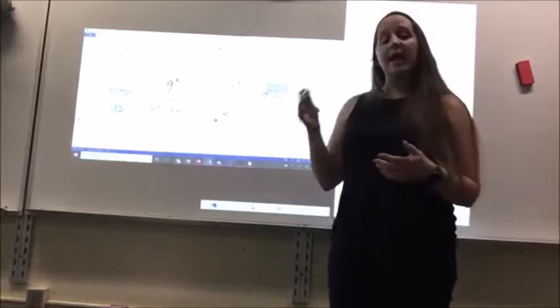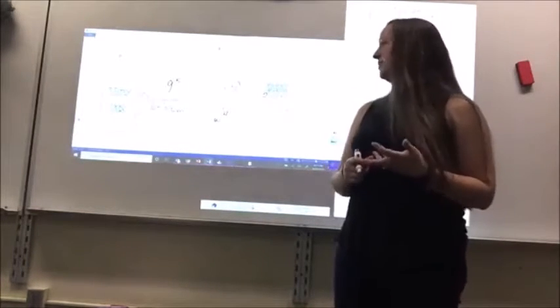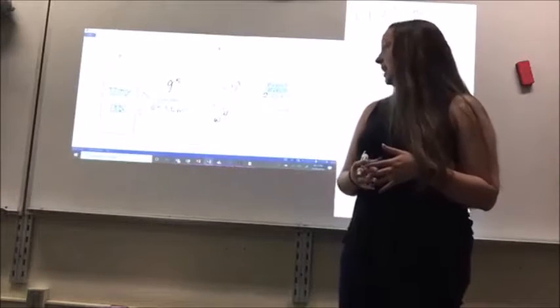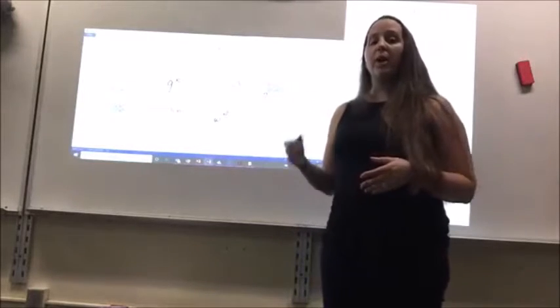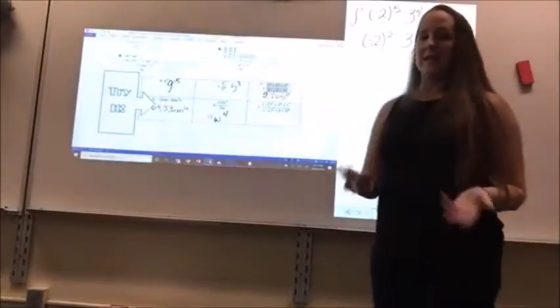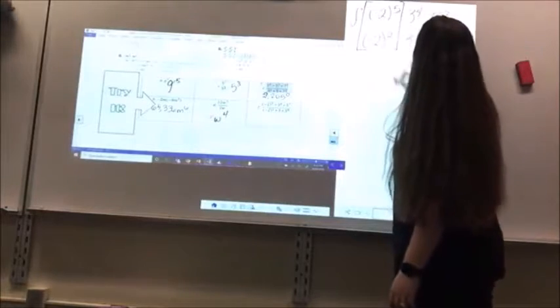F states negative 2 to the 5th times 3 to the 4th times 5 to the 7th divided by the quantity negative 2 squared times 3 times 5 to the 4th power. So we're going to go ahead and again separate our bases. So the first base I have is negative 2, which is right here. Okay?